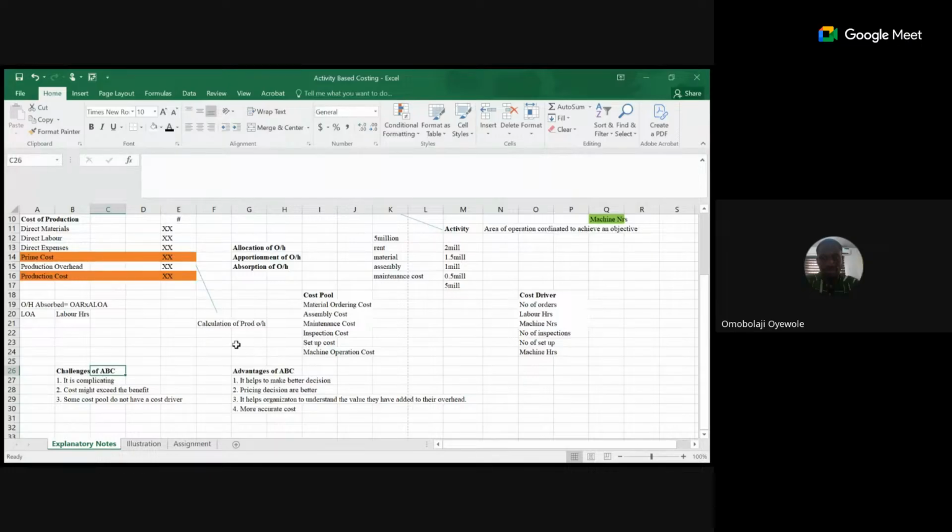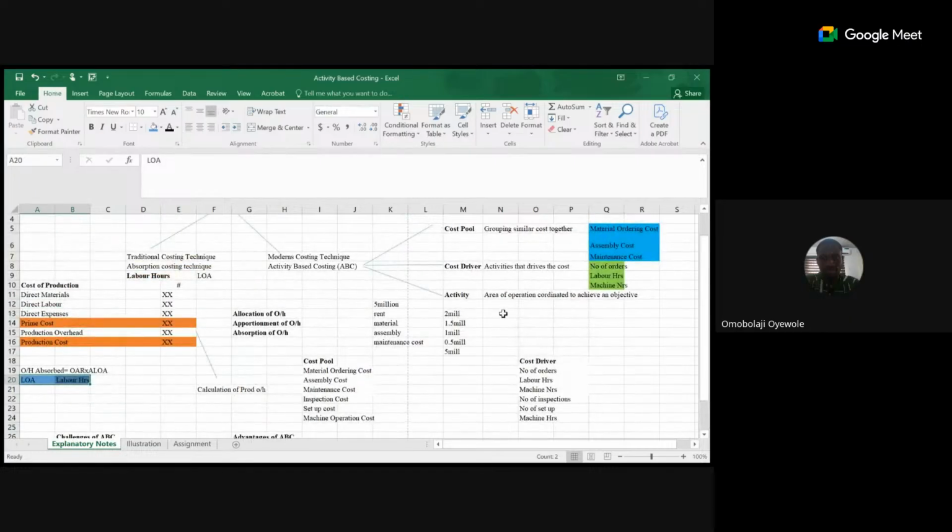So the last thing now is, to calculate your absorption costing technique, you're going to need a level of activity, which is what? Labor hours. Then what will you need for you to be able to calculate your activity-based costing technique? You'll be needing what we call activity-based rates.